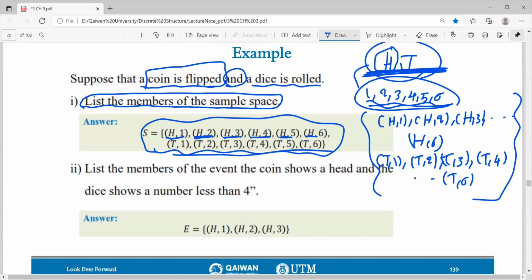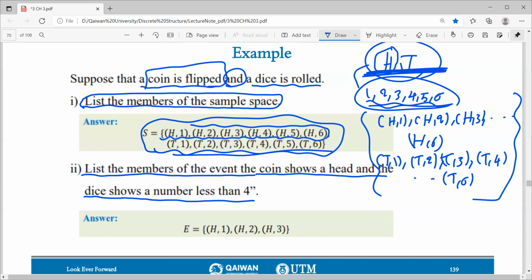And now it says list the members of the event. The coin shows head and the dice shows a number less than 4. The head ones are only these. We have only these elements in S with heads. It says the coin shows heads and the dice shows a number less than 4.